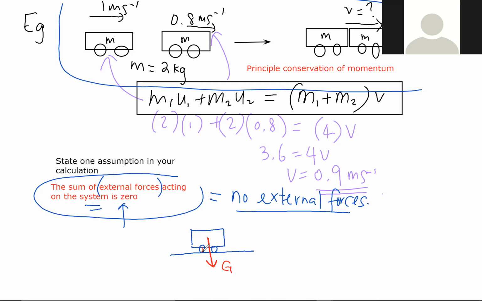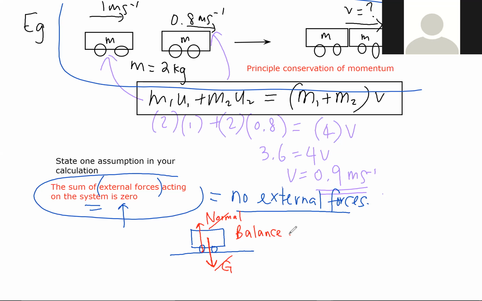So the ground also exerts another force. This one we call the normal force. This normal force is equal to the gravitational force, meaning that it will cancel out the gravity. Balanced forces. It will balance out the gravity force.